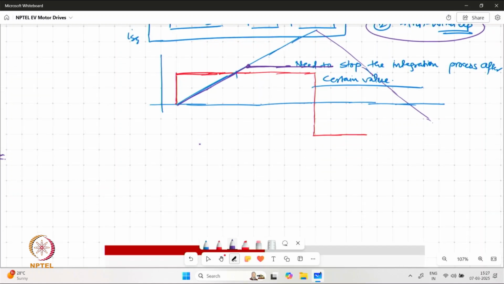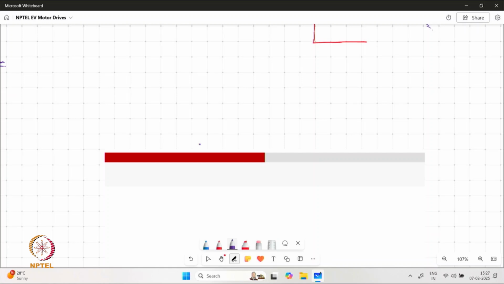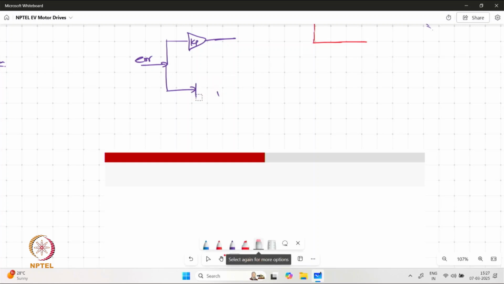So we are going to have, when we are realizing our PI controller, we have the error which is getting fed to proportional, which is a gain, and the integrator part which is gain, as well as an integration block.